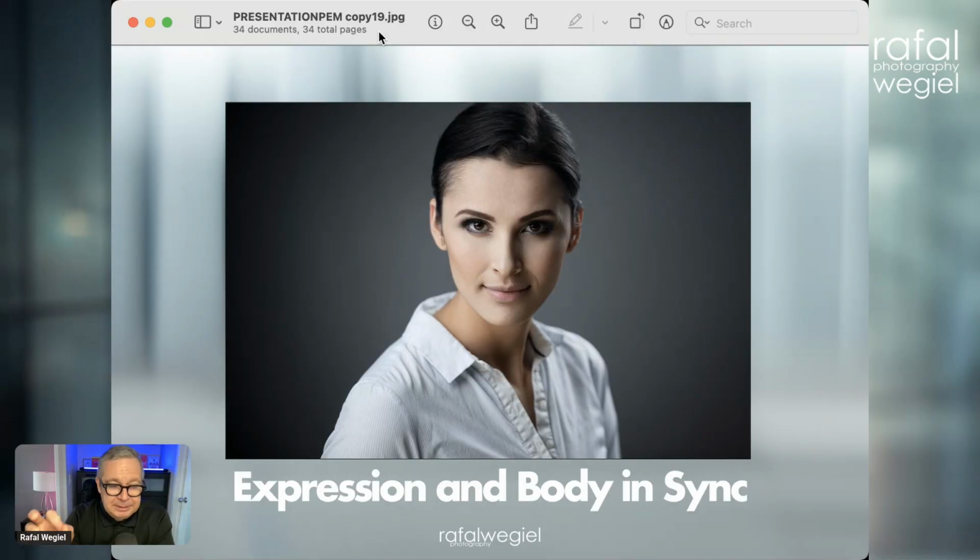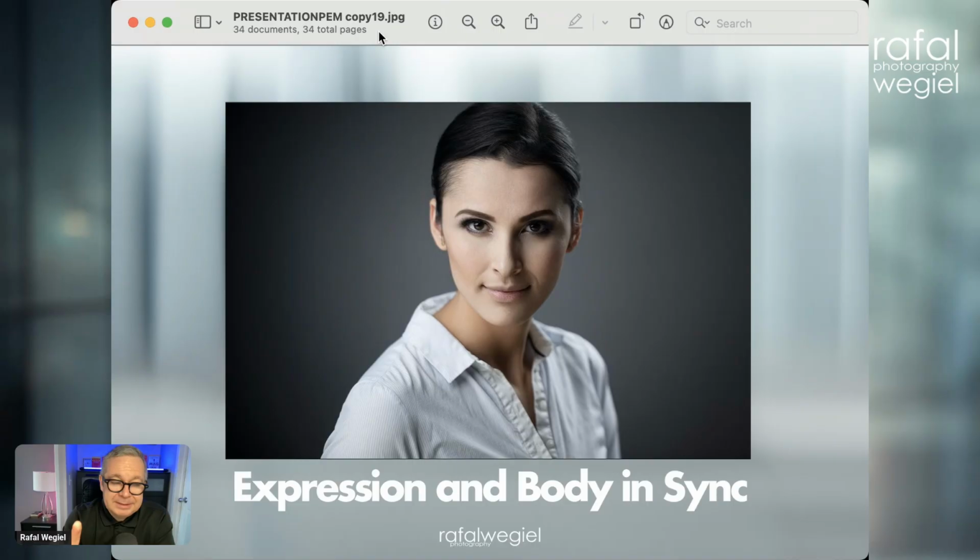Okay, expression and body in sync. These are the images I shot in that session, the posing. This is extremely important, because the body language affects the facial expression. If the body is in a position where you feel engaged, you feel it, and the body and the face come together. So this is another element, right?